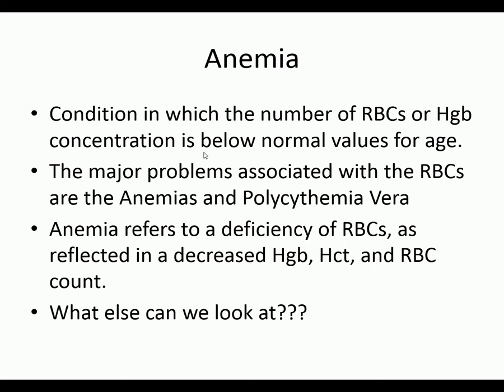It can result from dietary problems, genetic disorders, bone marrow disease, or excessive bleeding. Anemia can result in growth retardation due to decreased cellular metabolism, and a lot of times you'll have a coexisting anorexia with this.